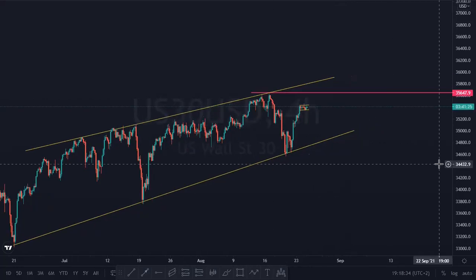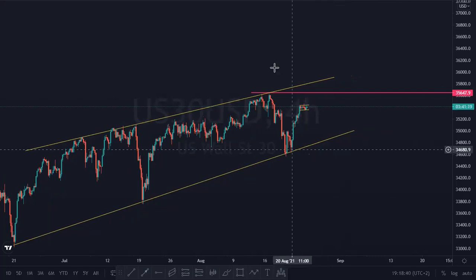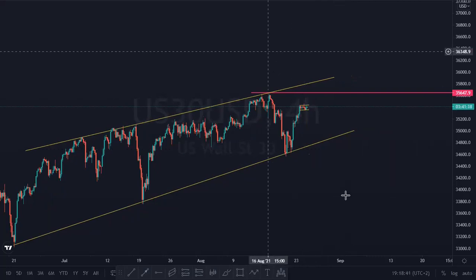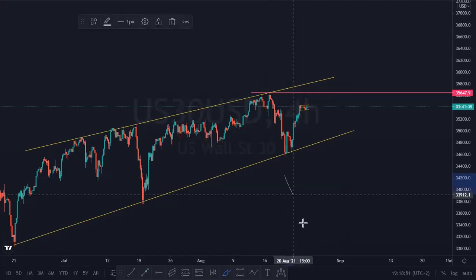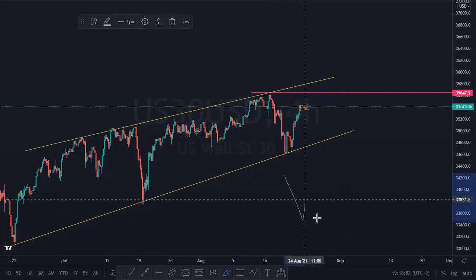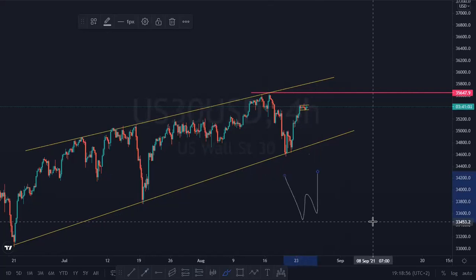But there's something that I want us to notice as well. What do you notice here, guys? Do you see something here? I see the market creating something like this, a W pattern.